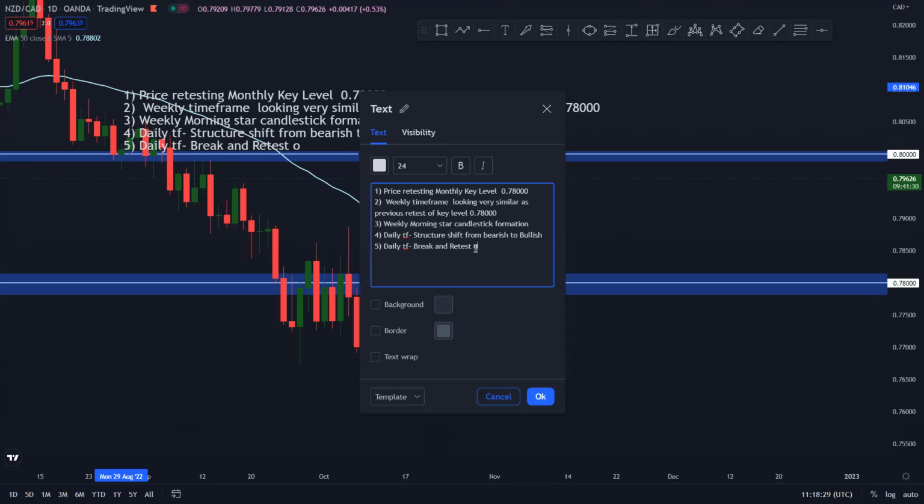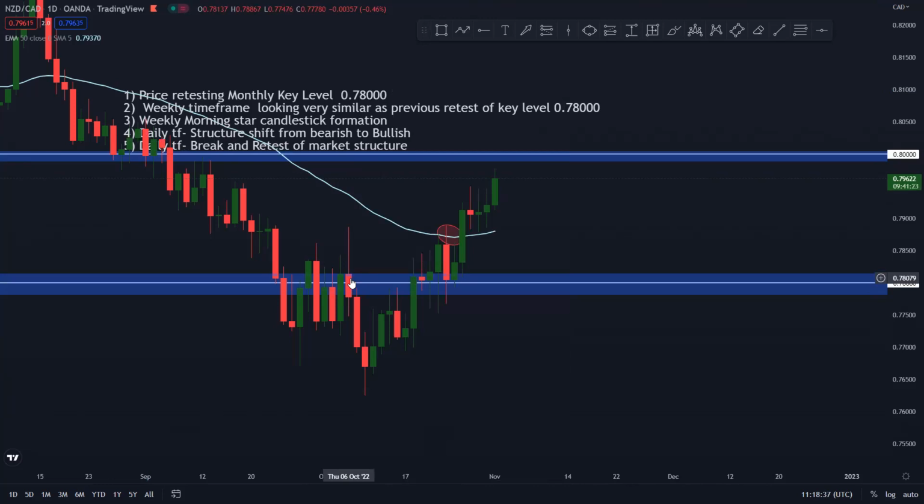Break and retest of market structure, where previously we had our daily resistance at the level, and then we're having to see price clearly break above that level. So we had a structure shift, and then a break of market structure. Broken resistance becomes a new support. So we're having a break and a retest.